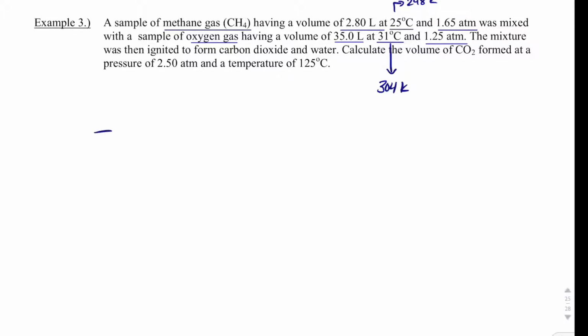So let's look at this reaction. This is just going to be a combustion reaction. And to get this balanced, what I could do is put a 2 here and a 2 here.